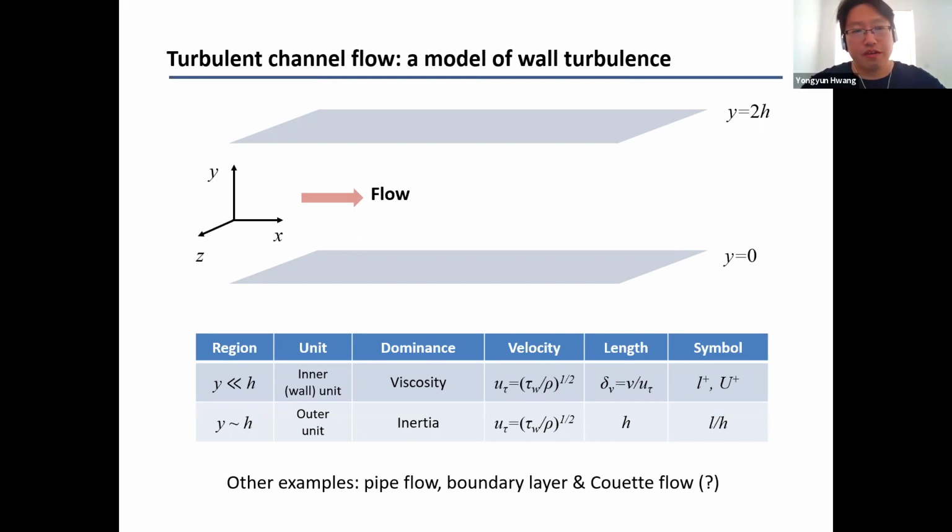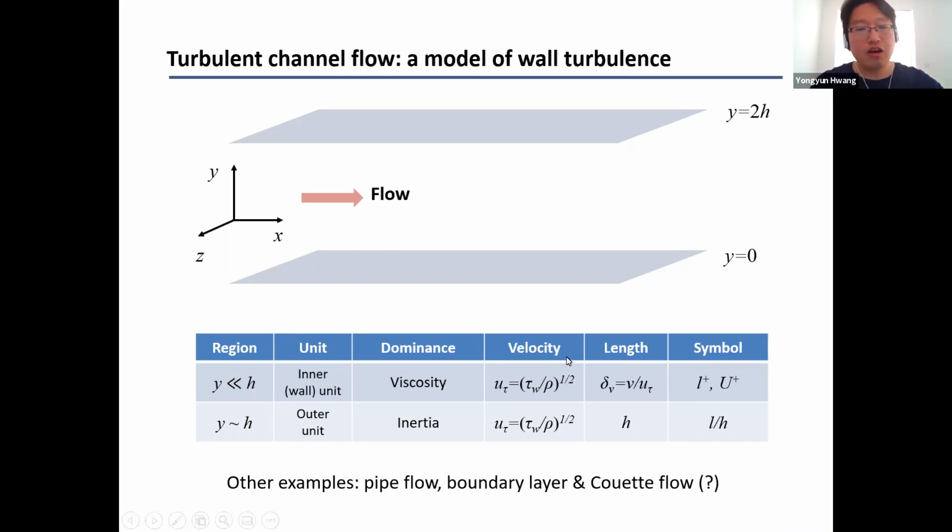So the flow is coming from left to right like this, and obviously turbulence is a multiscale phenomenon. Here I'm going to start by talking about two scales. One is the inner scale, which is typically important in the region very close to the wall, where the viscous effect on the flow becomes very important.